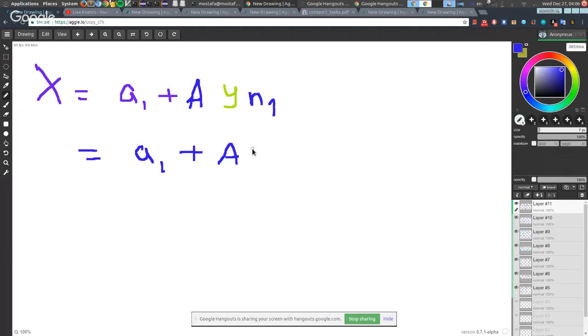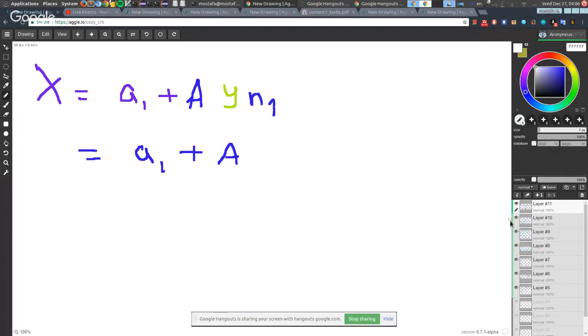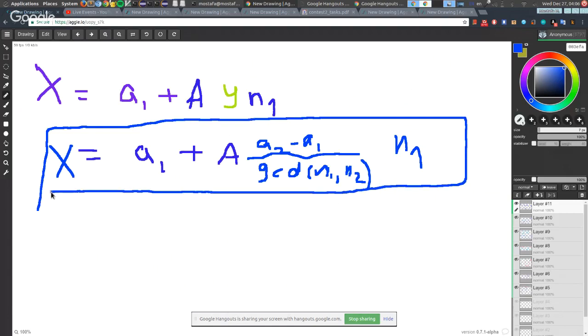And the y here is what? It is a2 minus a1 over the GCD of n1 and n2, all of this times n1. So this gives an expression for x.